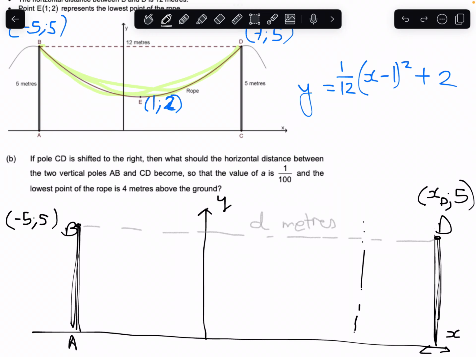And the lowest point of the rope is going to be 4 meters above the ground. So the turning point, we don't know what the x will be, but the y will be 4.